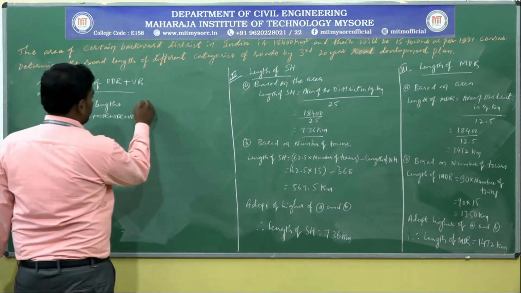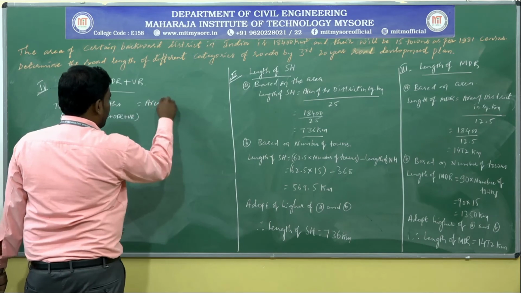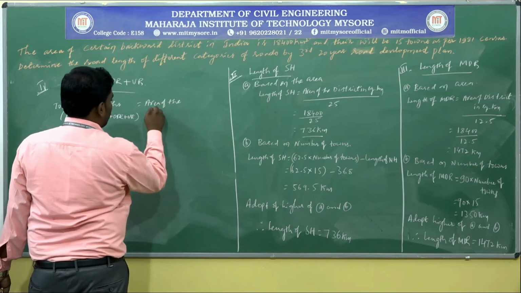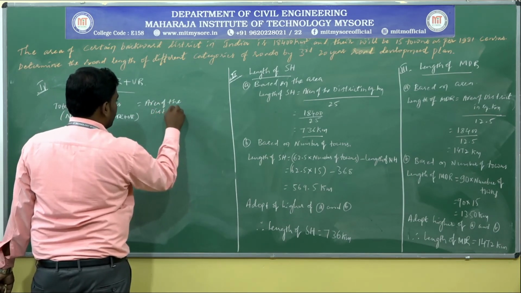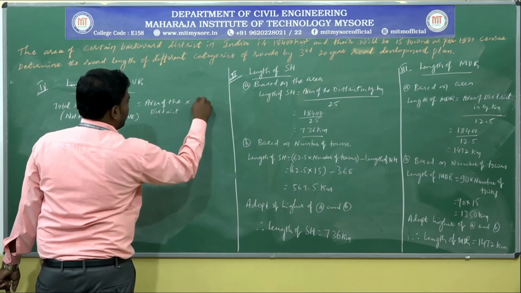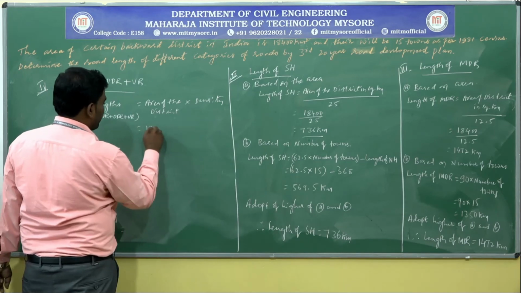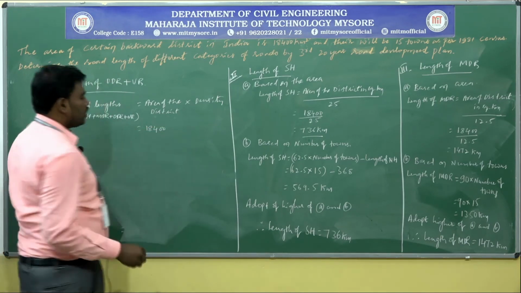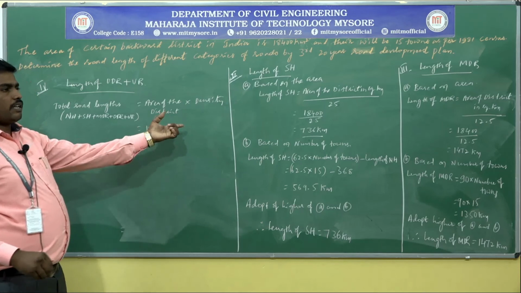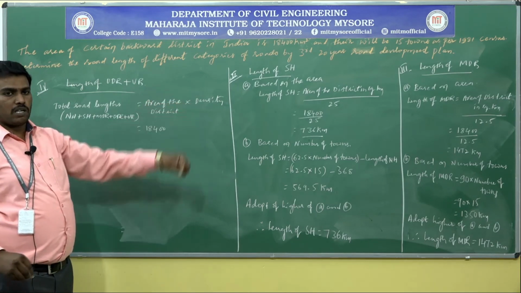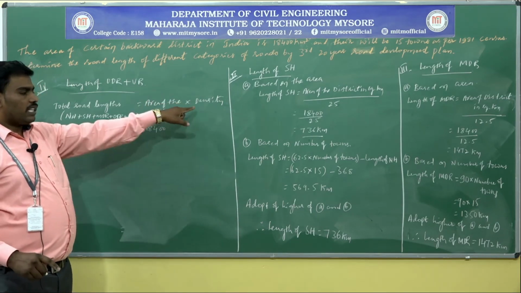That is equal to area of the district multiplied by density. The area of the district is 18,400 and the density, if not given, you have to assume 82 km per 100 square kilometer. If given, you have to take the given value.